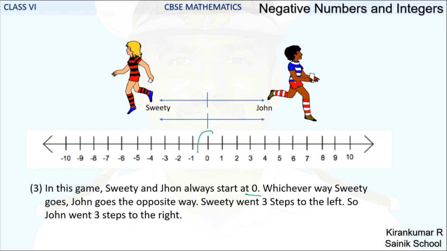This is the place where they start. Whichever way Sweetie goes, John goes in the opposite way. Sweetie went 3 steps to the left, so John went 3 steps to the right. Here 3 steps to the left and 3 steps to the right, they are the oppositeness.